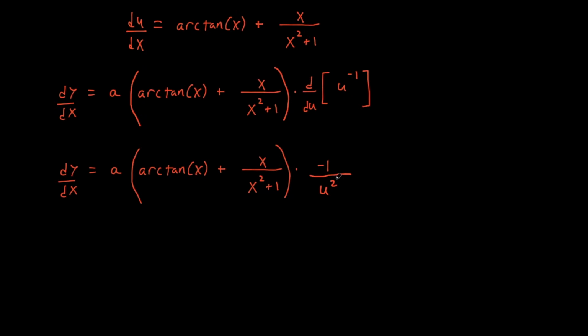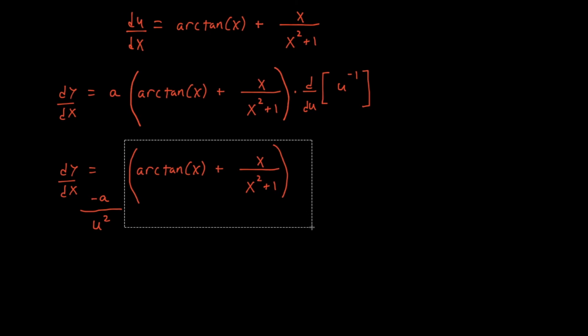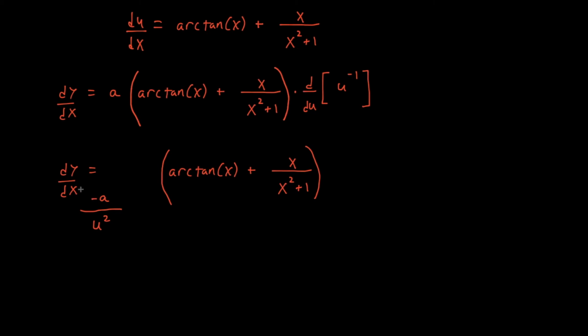So we have negative 1 over u squared. To clean things up a little more, let's bring this a over and multiply by negative 1 and get negative a. It probably looks better if we brought that to the other side, more natural looking. So there we have a nice coefficient set up.